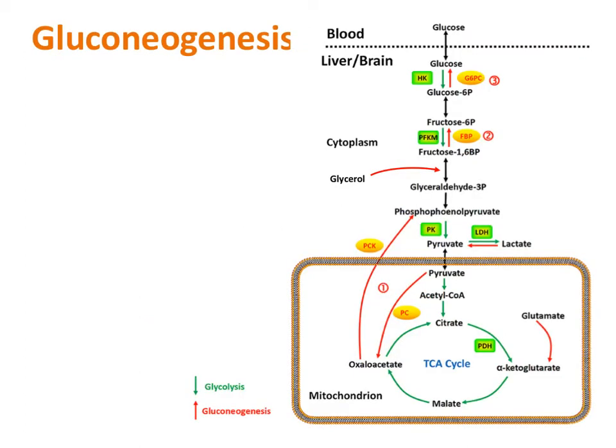We've already discussed the pathway shown in red, that is glycolysis, where we start with glucose and break it down into 2 3-carbon molecules of pyruvate. And in this glycolysis breakdown process, we use the enzymes hexokinase, phosphofructokinase, and pyruvate kinase.